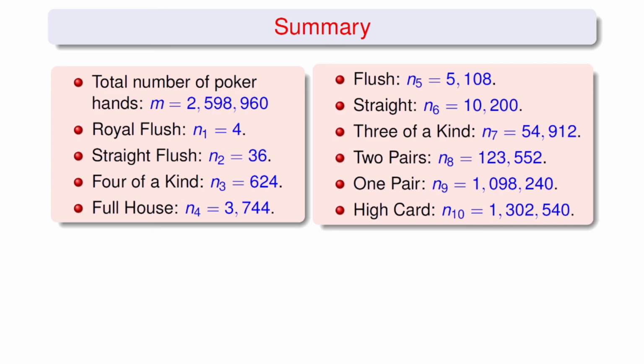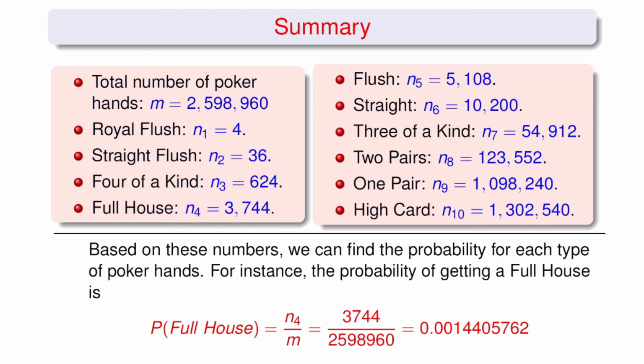So if we want to find the probability of a certain type, we can simply take this ratio.